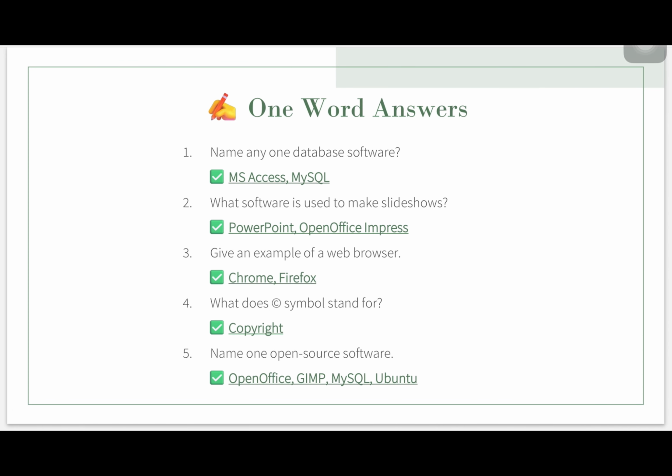Now see, MS Access, MySQL, PowerPoint, OpenOffice Impress, Chrome, Firefox, Copyright, OpenOffice, GIMP, MySQL, and Ubuntu. Correct? Ubuntu is an operating system. MySQL is a database, Photoshop is an app, and OpenOffice is a suite which has all apps included.